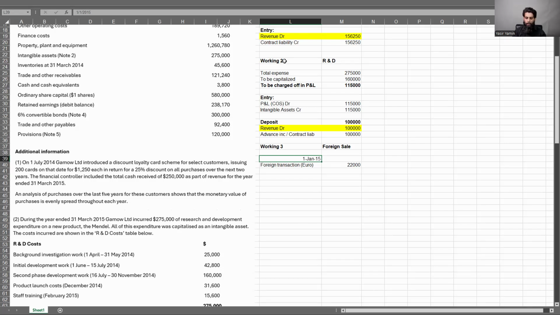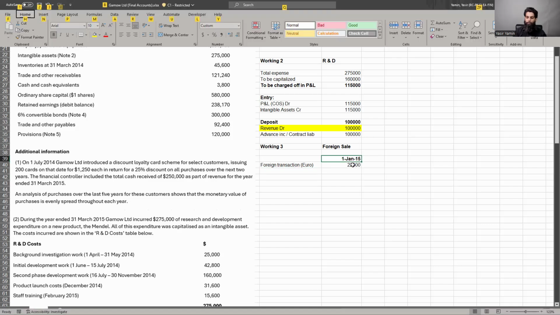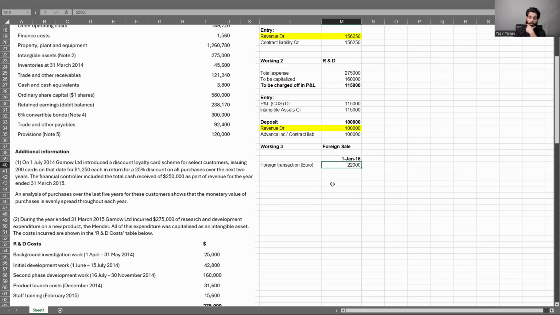Now, this transaction was done in euros, but we prepare our financial statements in dollars. That means we need to convert this 22,000 euros into local currency using a particular exchange rate.